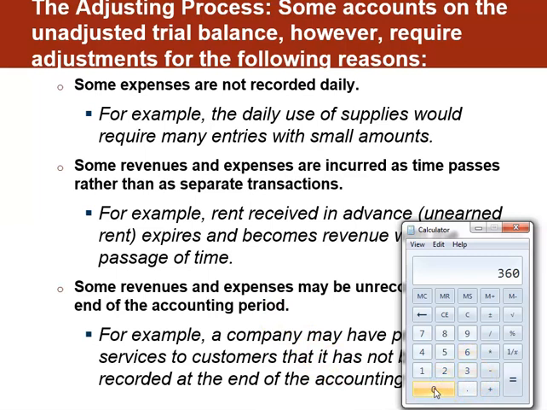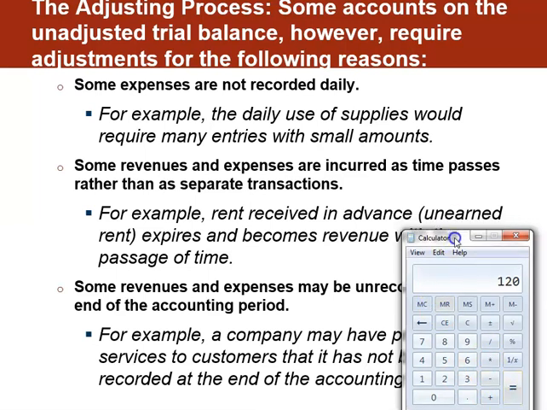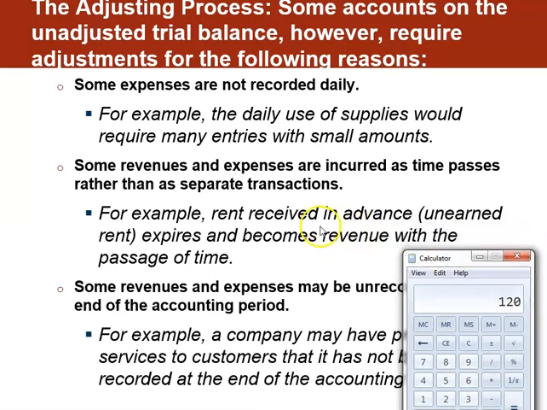But here's the thing. That $360 that they received was actually for 3 months, or $120 per month. Okay, so when they received that $360 in advance, they had unearned rent, which is a type of unearned revenue, which is a liability.